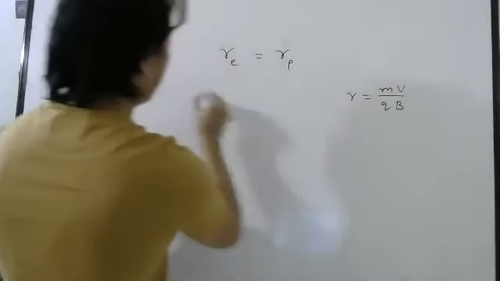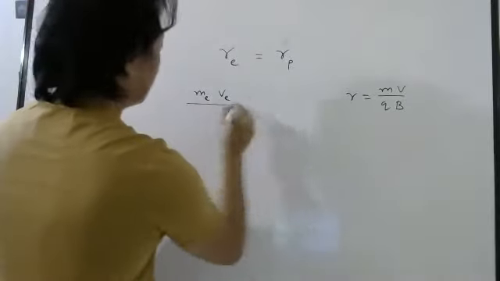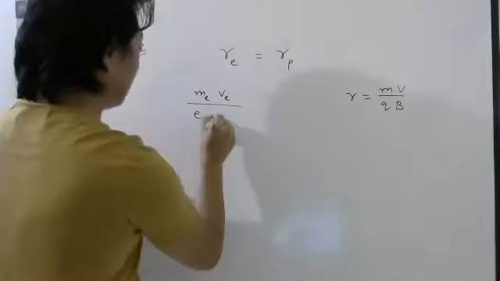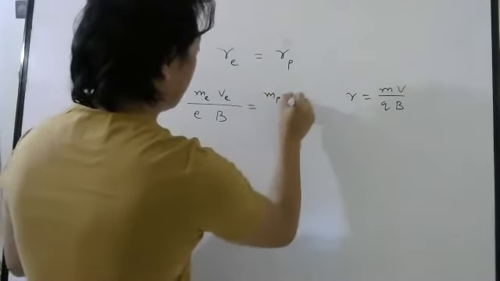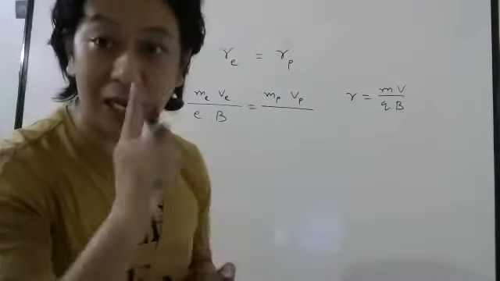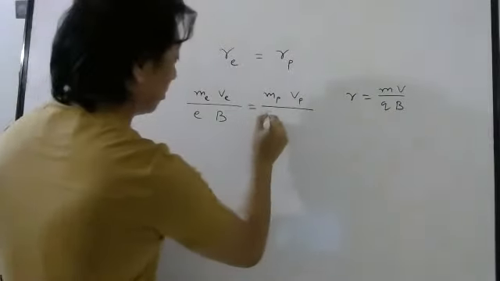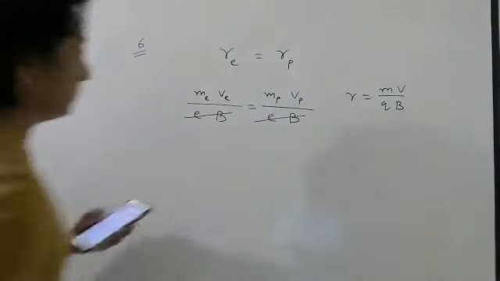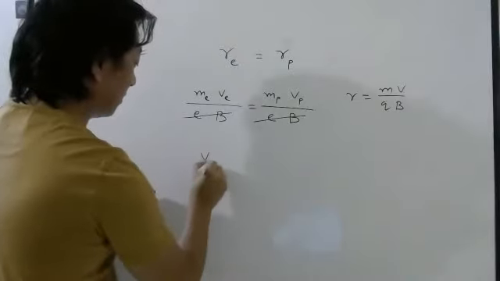So mass of electron me, velocity of electron ve, charge of electron e, magnetic field is same only B. Radius of proton, mass of proton, velocity of proton, charge of proton and electron are identical in magnitude. So this will be also e, magnetic field is same. So these two will cancel. Correct? No? Okay.